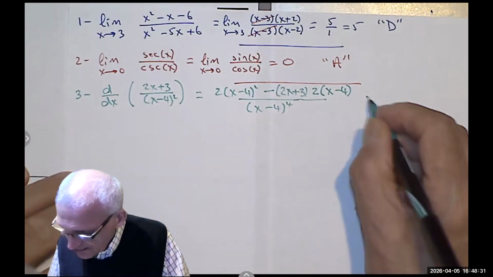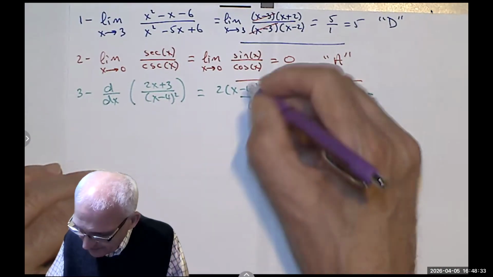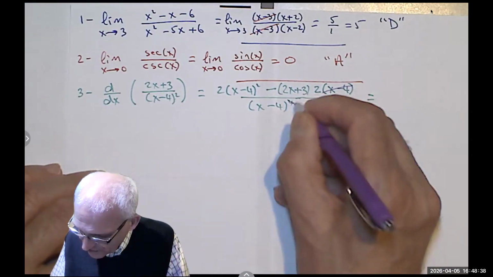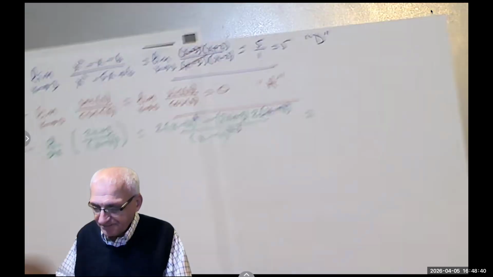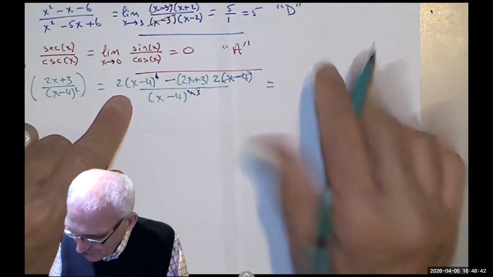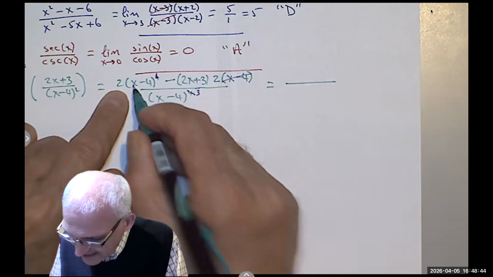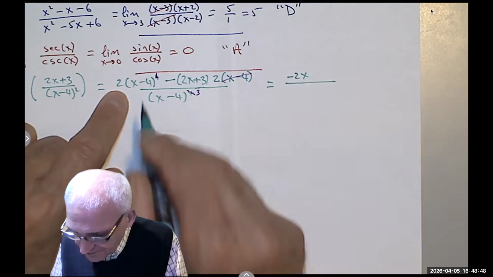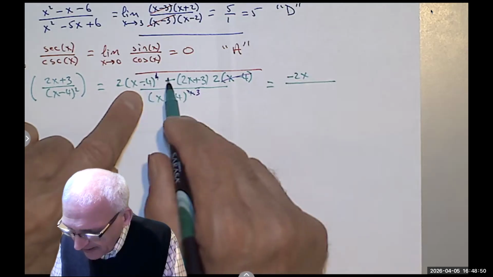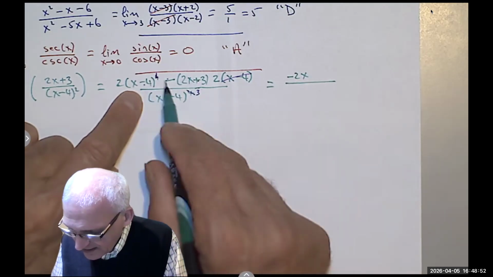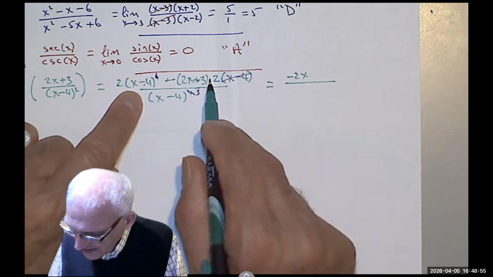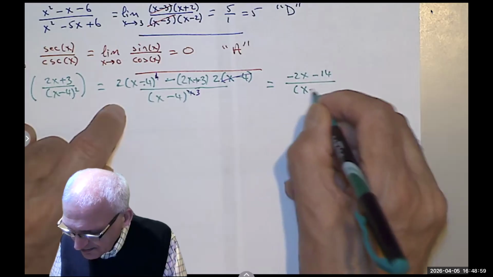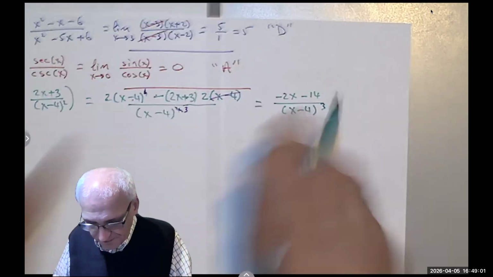So you can see that I can simplify one of the x minus 4 factors and the square. The numerator would be 2x minus 4x, so negative 2x, and negative 8 minus 6 is negative 14, over x minus 4 cubed.